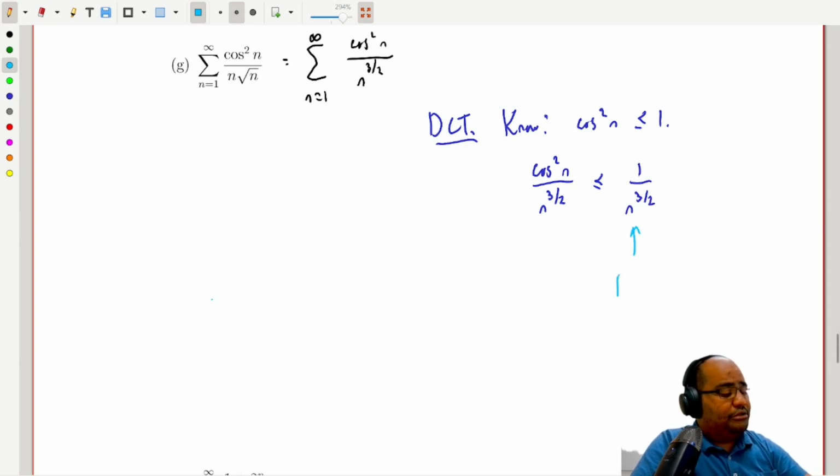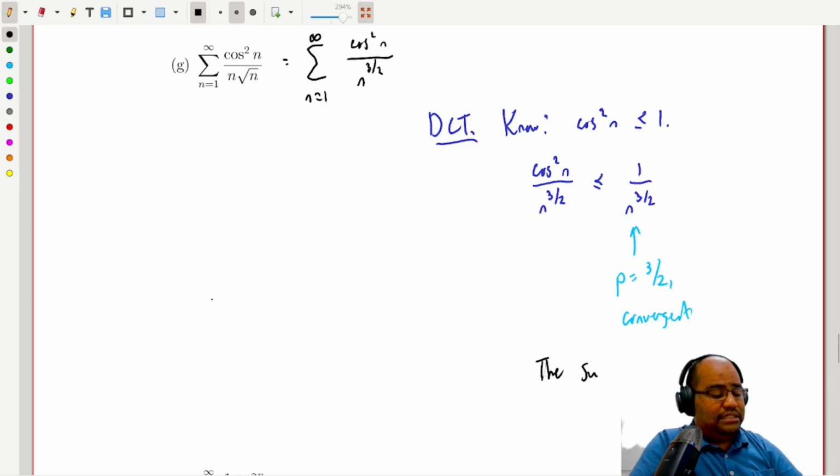This is a p series where p is equal to 3 over 2, so this is convergent. That represents a summable series. And so, by comparison here, because the bigger one is convergent, the smaller one must also be convergent. So, the sum converges.